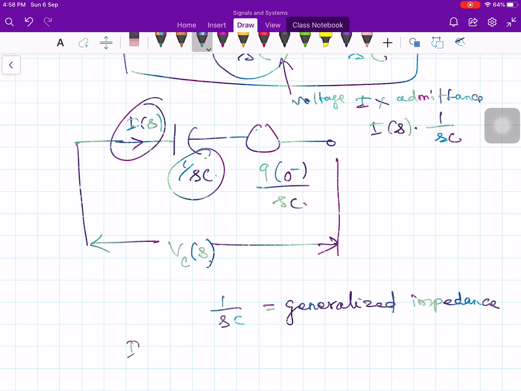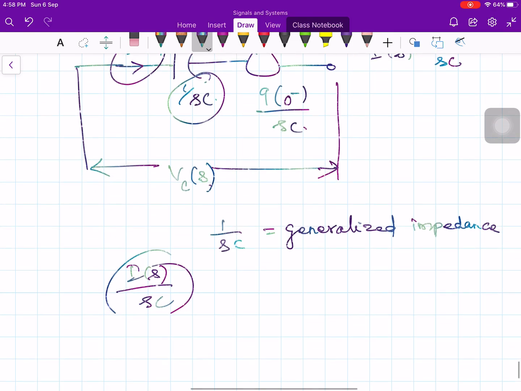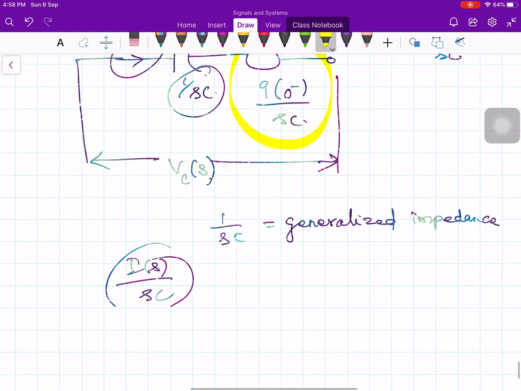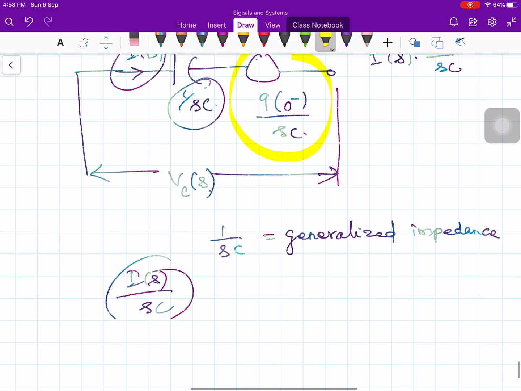This much voltage drop it creates. In addition to that, you have this much voltage drop due to the initially stored charges on the capacitor. So I have this voltage drop. In addition, I have this initial voltage drop, the initial value of the capacitor voltage.